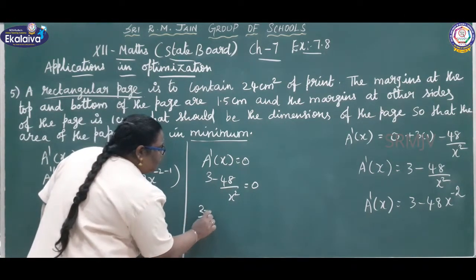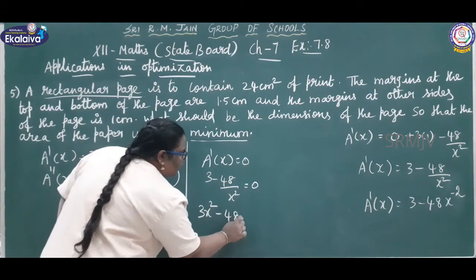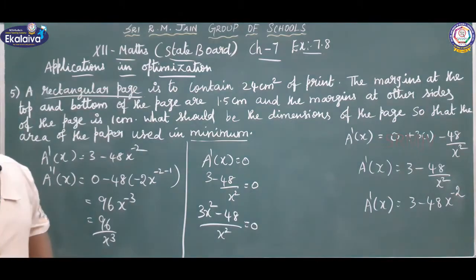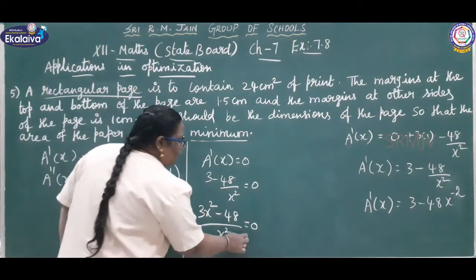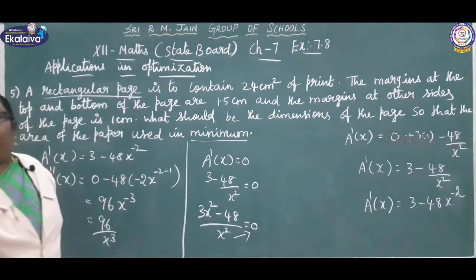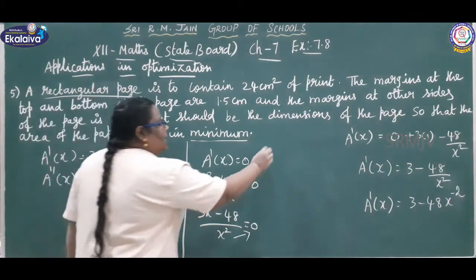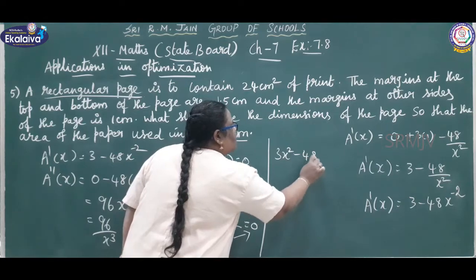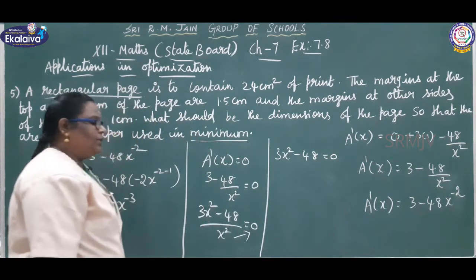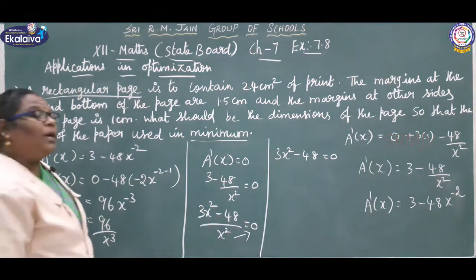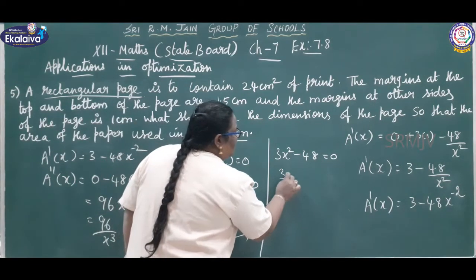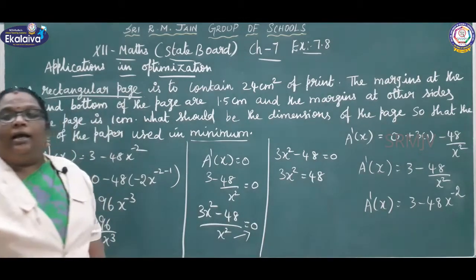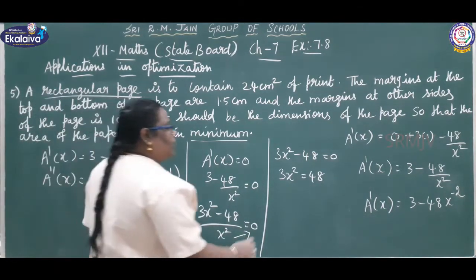Take the LCM. 3x square minus 48 by x square equal to 0. You can bring this x square to the right hand side, it becomes 0. What is the remaining value? 3x square minus 48 equal to 0. 3x square equal to 48.